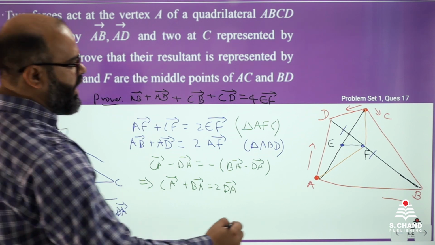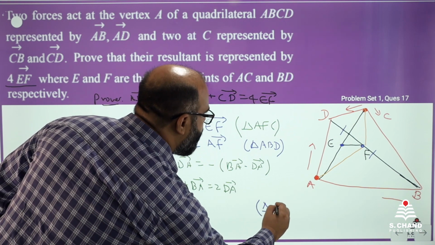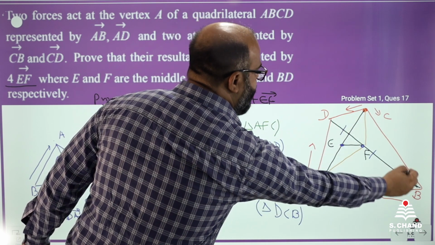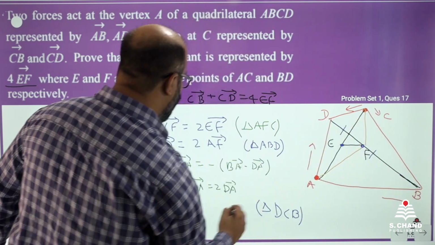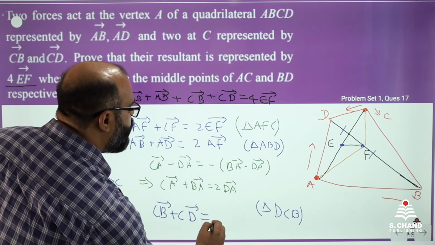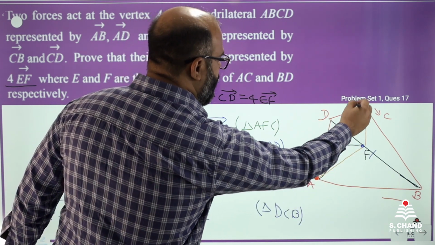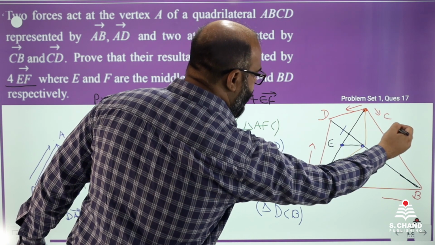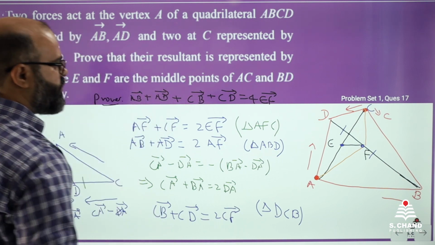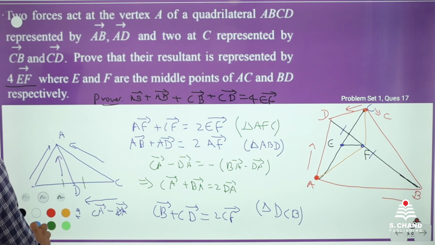Similarly, we can say in this triangle DCB, that if we have this CF as the median of triangle DCB, then CB plus CD is equal to twice of CF. This is point C, right? Twice of CF. So we have three results here which we have to highlight actually.